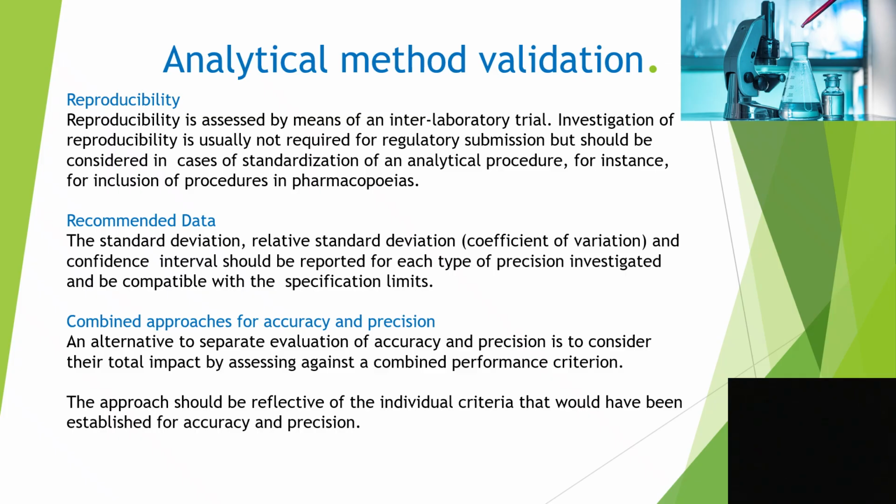Combined approach for accuracy and precision: an alternative to separate evaluation for accuracy and precision is to consider their total impact by assessing against a combined performance criterion. The approach should be reflective of the individual criteria. However, it should have been established for the accuracy and precision.